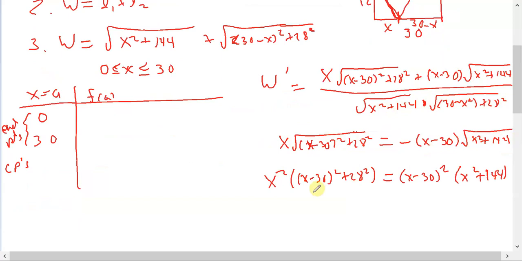And now if I clear out these parentheses on this side and on this side, what I'm going to have is x squared times (x minus 30) squared plus x squared times 28 squared equals, over here, x squared times (x minus 30) squared plus 144 times (x minus 30) squared.